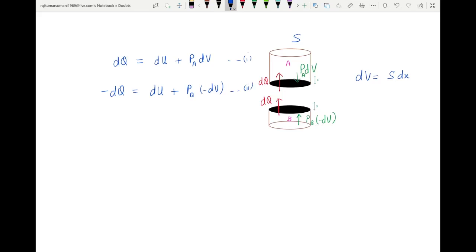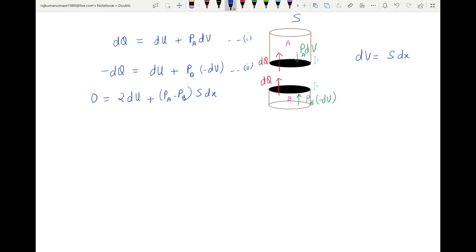Let's add these equations and we'll find that 0 is equals to 2 times dU plus (PA minus PB) dV, and dV can be substituted as surface area into dx. So we'll write 2 dU is equals to (PB minus PA) into surface area into dx.